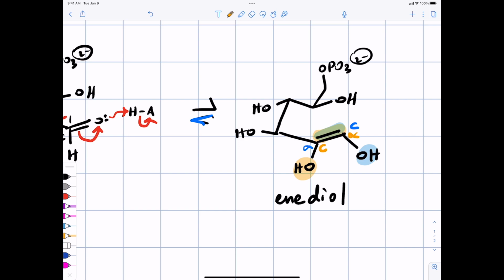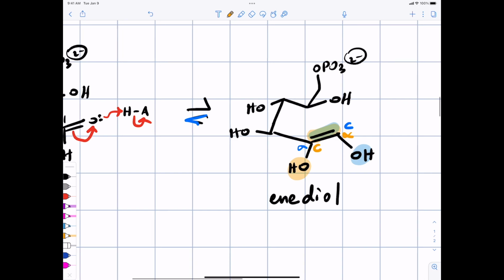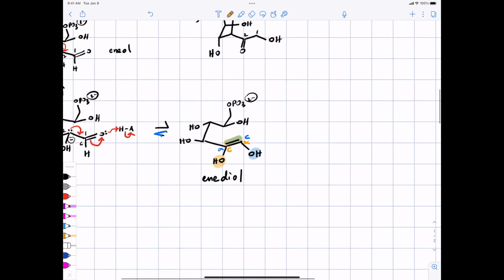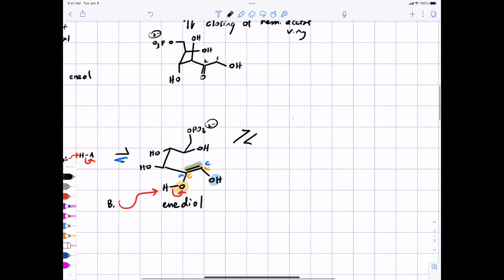Okay, so that enediol intermediate is key because it allows us in the next step to remove a proton from the orange oxygen, and that generates another enolate, only this time the alpha carbon of the enolate is carbon 1.